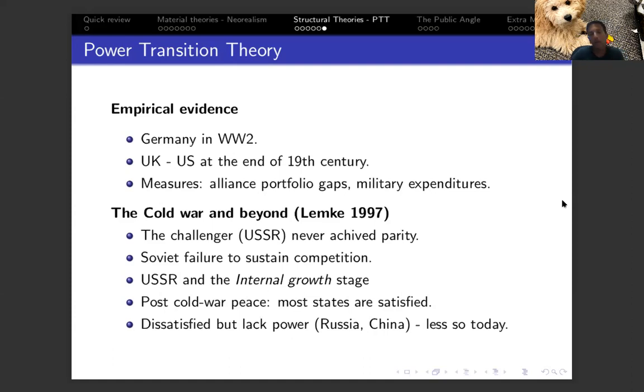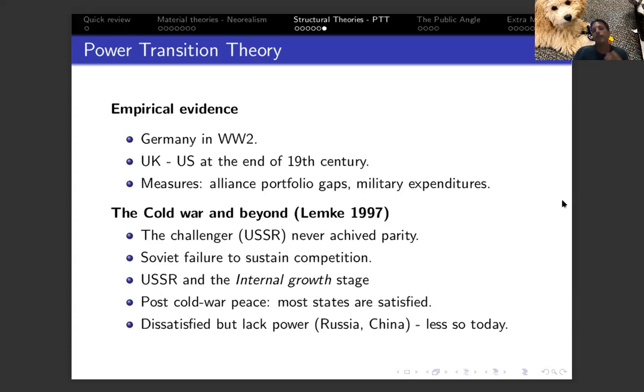Now, looking at the global system after the Cold War, the vast majority of states are satisfied. Even Russia, not the Soviet Union, but Russia, is fitting into the satisfied states. This paper was written during the 1990s. So at that point, the author identifies a couple of nations which might be part of the dissatisfied states, for example, China and Russia.